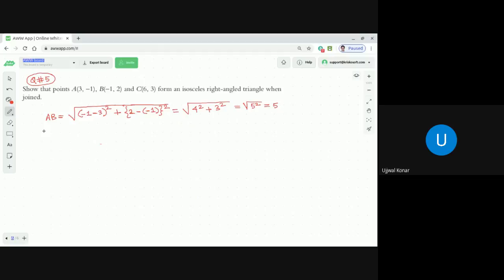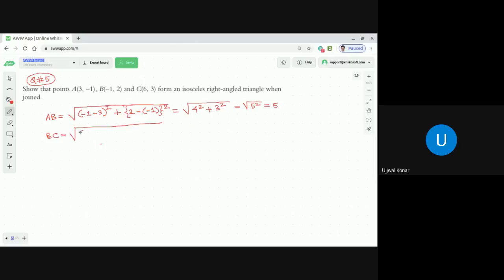Now let's find the value of BC. What is the value of BC you are getting, dear students? So 5 root 2. Very good. Appreciate. It is correct. So this is equal to square root of BC.